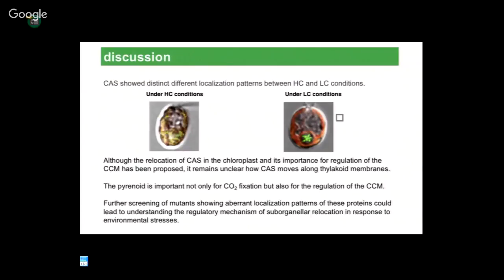And of course, CAS is needed to induce the transporters. Therefore, this CAS protein is a key regulator of the expression of bicarbonate transporters to accumulate CO2 under low CO2, because without CAS protein, cells cannot grow under low CO2.